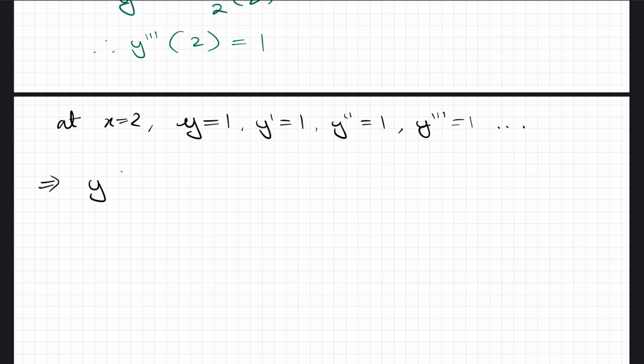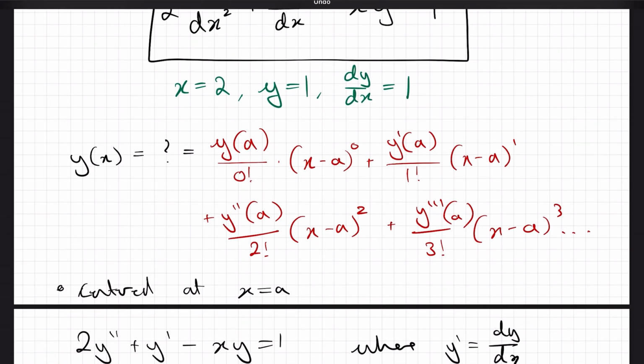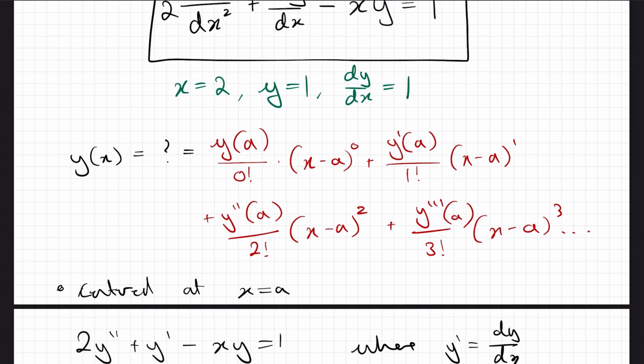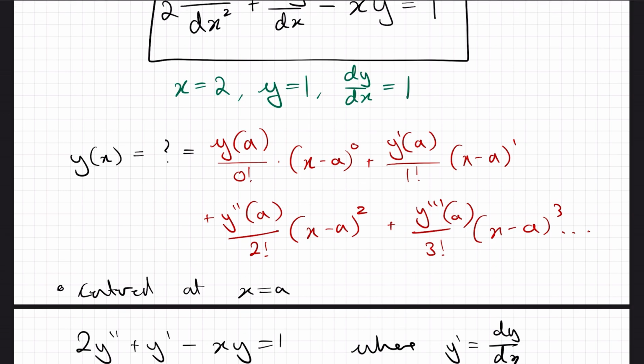So we can actually write the y of x as its Taylor series over here. So let's start filling this out. We know the first term, well, a is actually 2. I'll just write 2 over here. So therefore, this first term is going to be y of 2, which we know is 1, over 0 factorial, which is 1, and x to the power 0 is just 1.